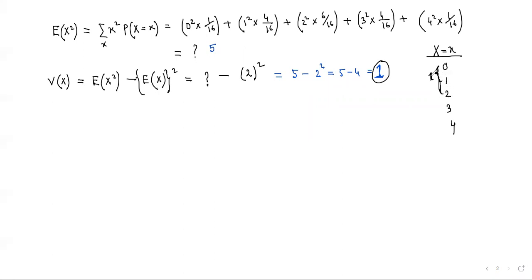Distance of 1 from 2 is 1 unit. Distance of 2 from 2 is 0 units. Distance of 3 from 2 is 1 unit. Distance of 4 from 2 is 2 units. Now you are going to calculate and find out the average distance. It will be approximately equal to 1. Okay, so this is why we actually calculate the variance of the random variable.